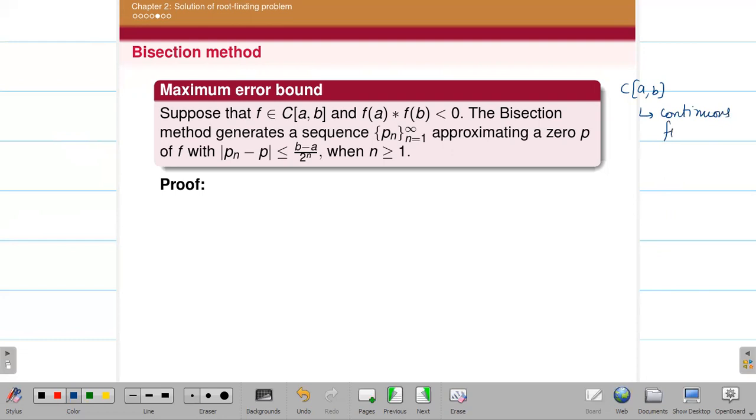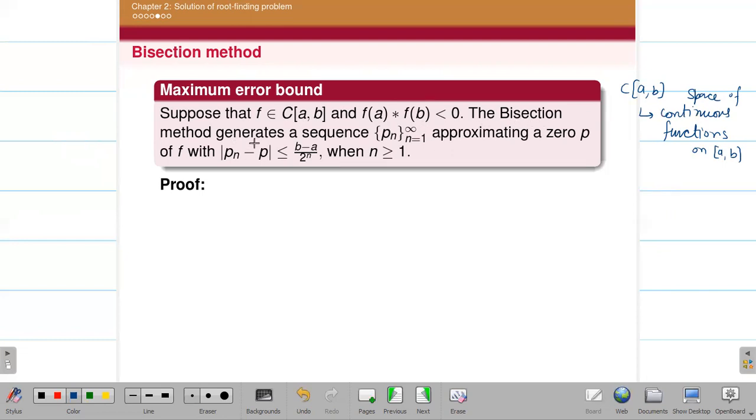It is the space, or set, of continuous functions on the interval [a,b]. So I'm taking the function belonging to this space. It means the function is continuous on the interval [a,b], and f(a) times f(b) is less than 0. It means the function satisfies all the properties of IVT.